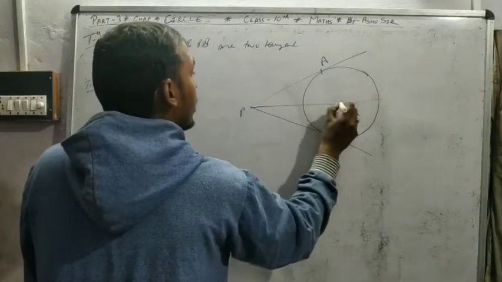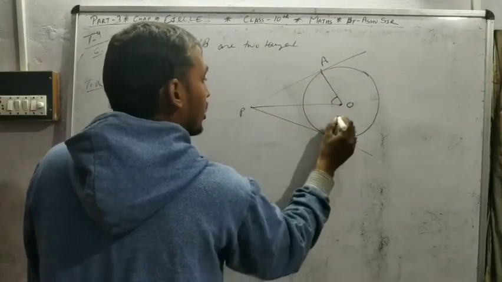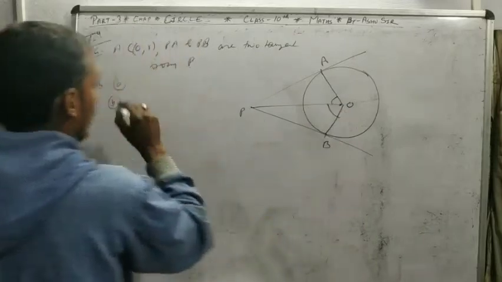If we join these lines, the angles these lines make are equal.